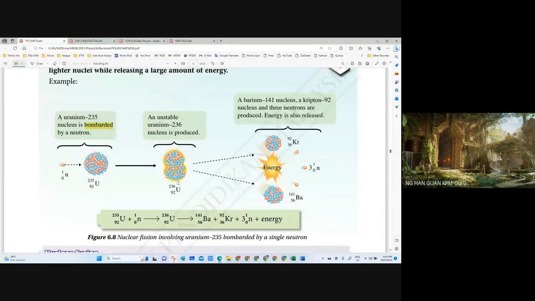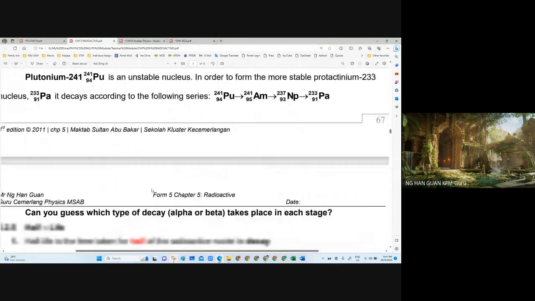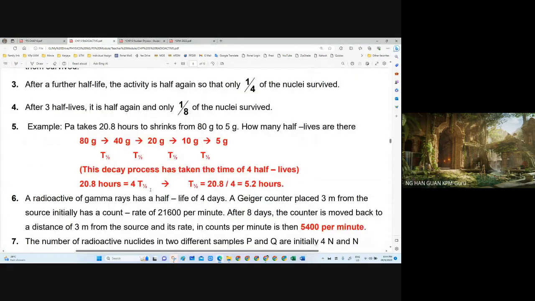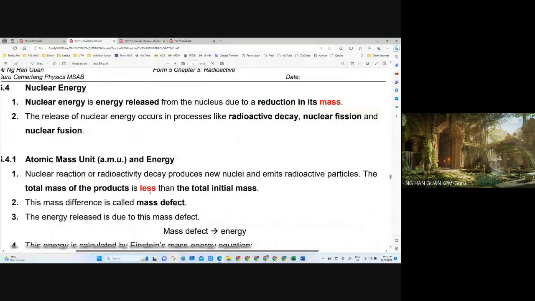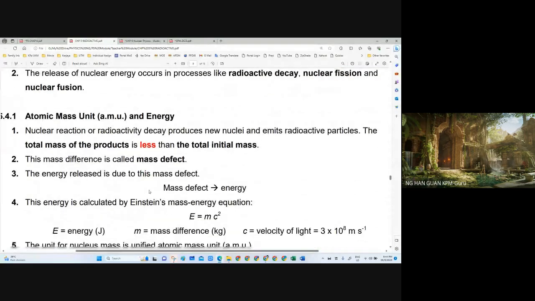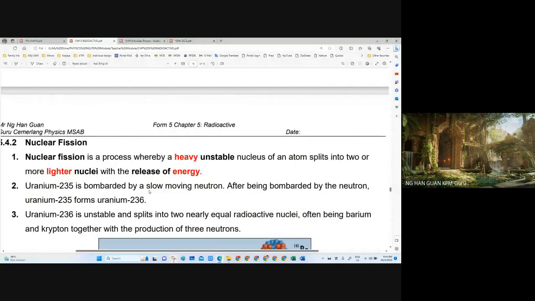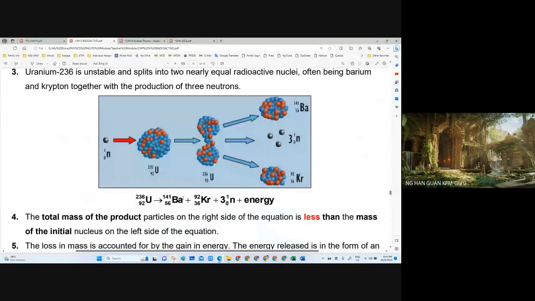This isotope uranium-236 becomes very unstable, then it splits into two lighter nuclei plus three neutrons. The equation given in the textbook is one example, the same as the module that I gave you. So there's an example of nuclear fission here.